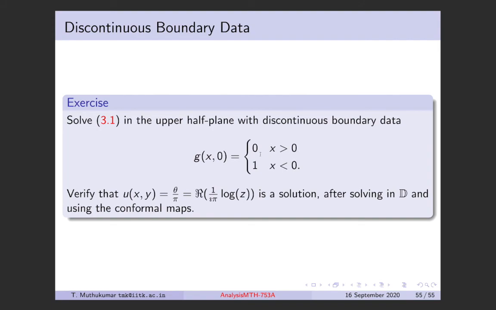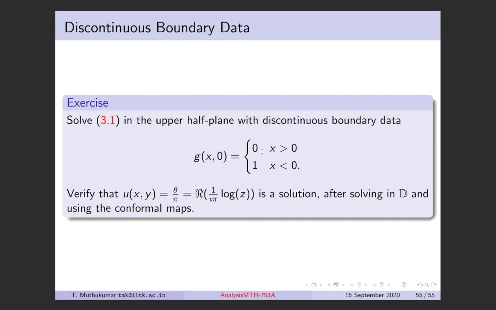For positive x it is 0, for negative x it is 1. Just for you to verify, I'm telling you this is the solution to this problem. You can see that immediately. In C, the positive real axis is of angle 0, whereas the negative real axis, where x is less than 0, is of angle pi, with that orientation.